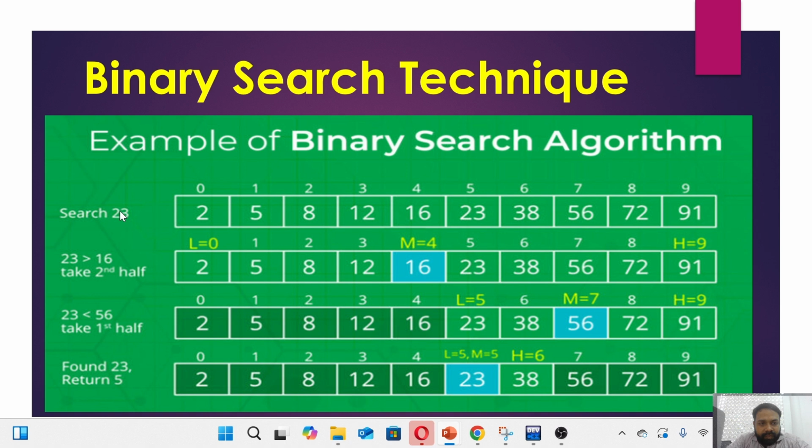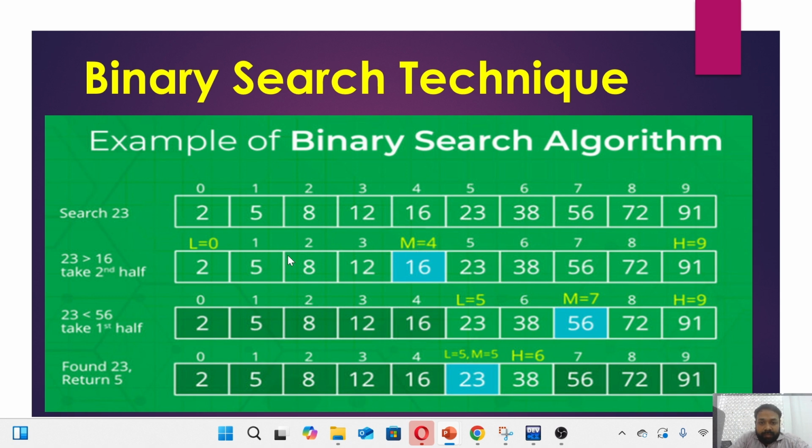Now you are looking for 23, right? Is 23 above 16 or below 16? I mean to say, is 23 available in the first half of this box or the second half? We find the mid index to separate the array into two parts.